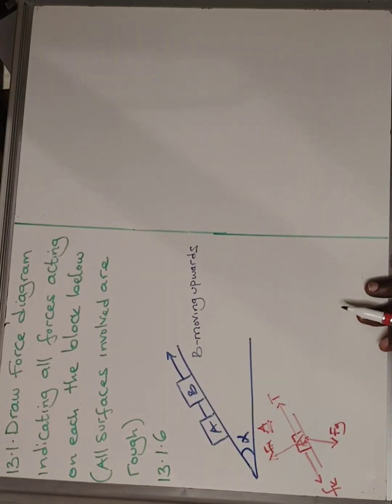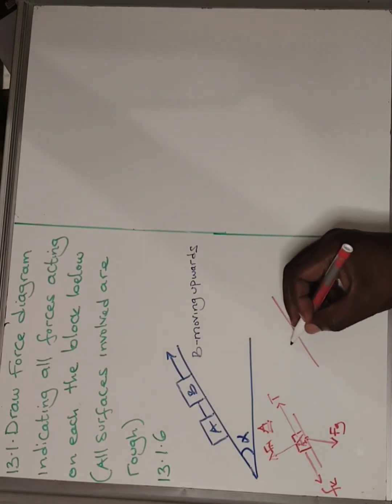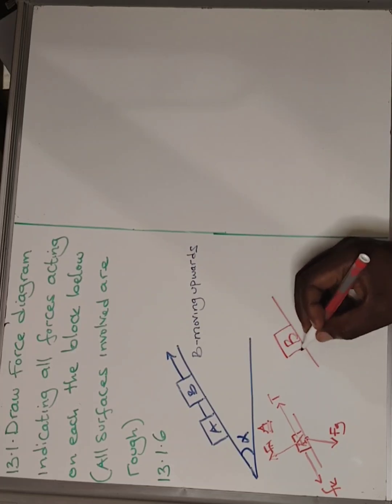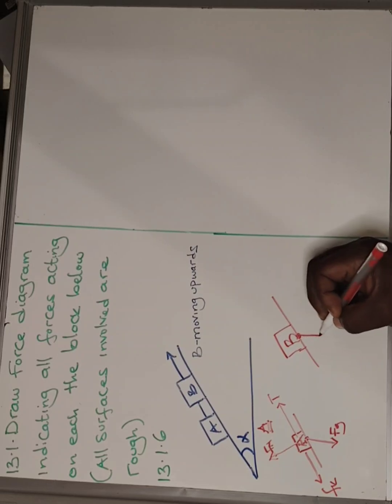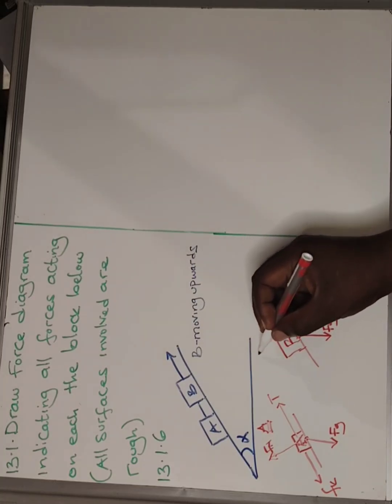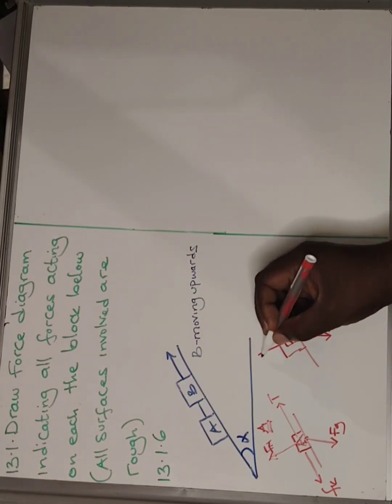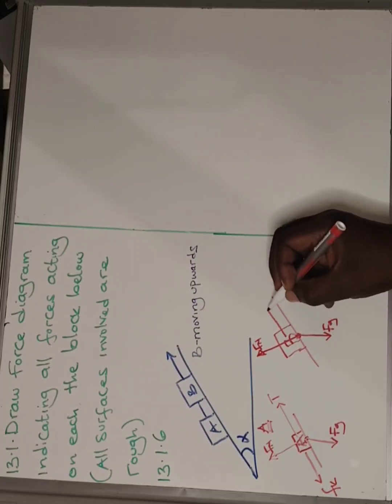Let's see what we have for B. B is also sitting on the horizontal surface and is also experiencing the gravitational force. It is also sitting on the surface, so our normal force is there. It has an applied force.